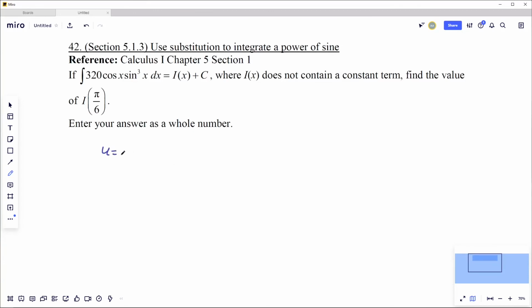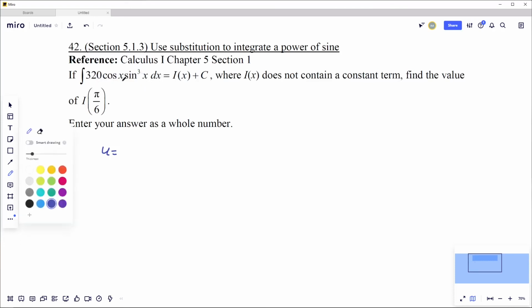For this, pick the best choice of u again. Cosine x gives you sine x, but sine x does not cancel with sine cubic, as in sine to the power 3 of x, it doesn't cancel. You're left with sine squared x if you try to cancel.